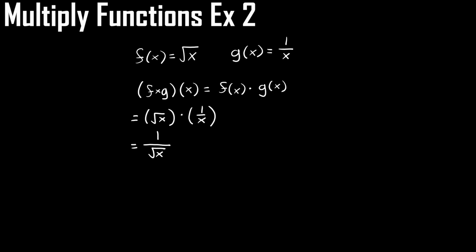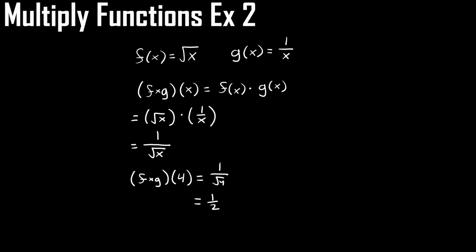And so now let's evaluate it. So let's choose x equals 4. So f times g of 4 equals 1 over the square root of 4. This simplifies to 1/2.